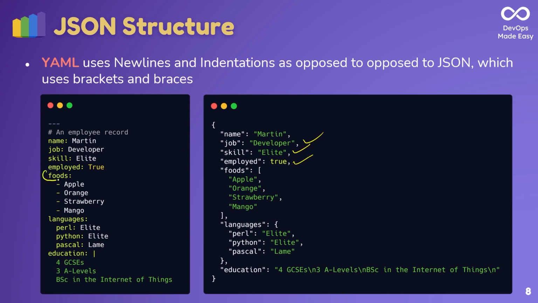Foods over here is a key. Again foods is mentioned as the key over here. For mentioning the list, the hyphens indicate the list. So for foods as the key, apple, orange, strawberry, mango becomes a list of values. In JSON, the list should be indicated with square brackets.